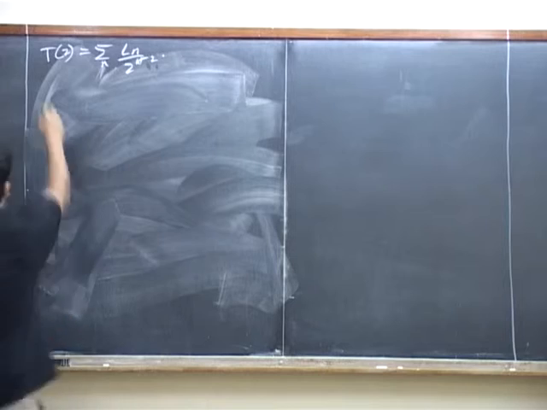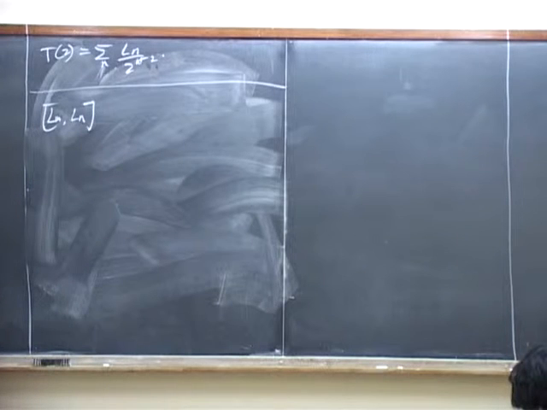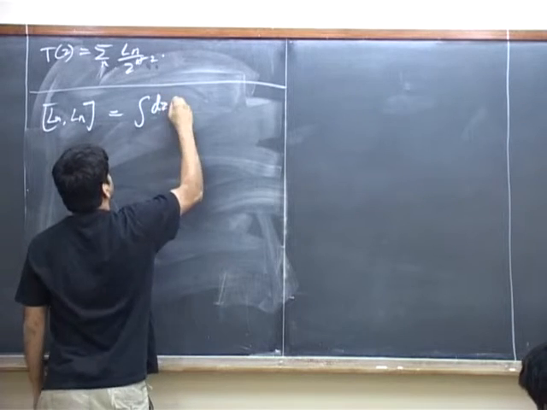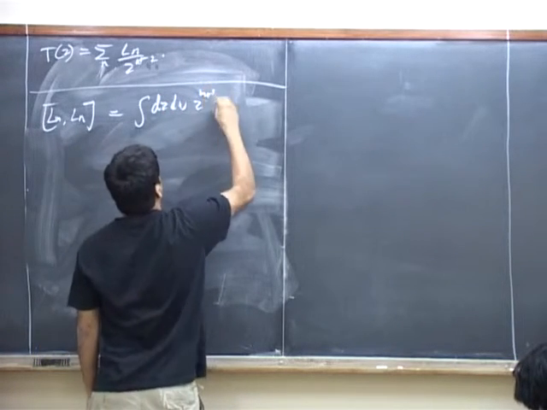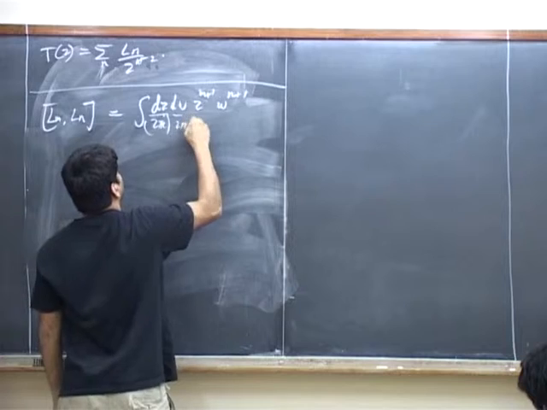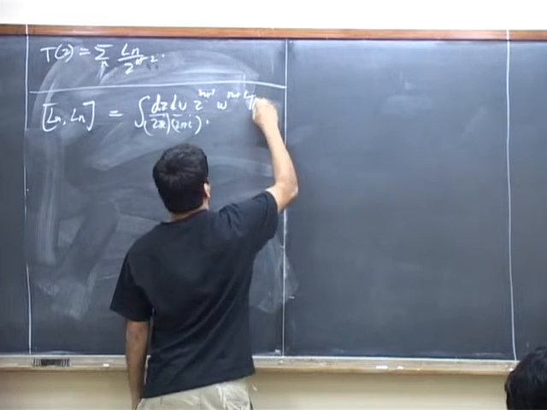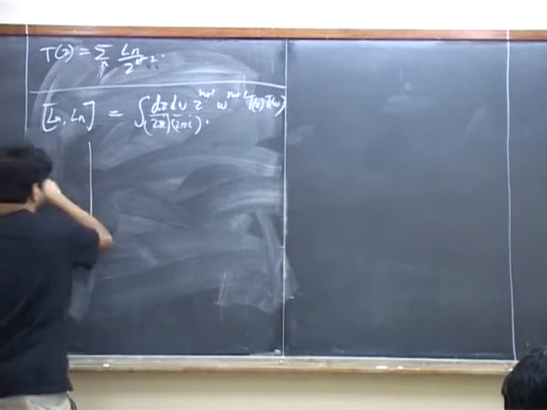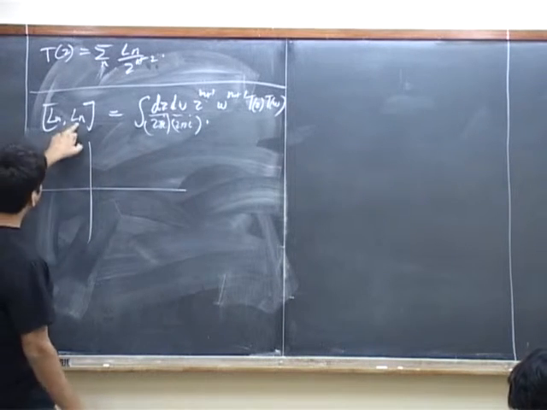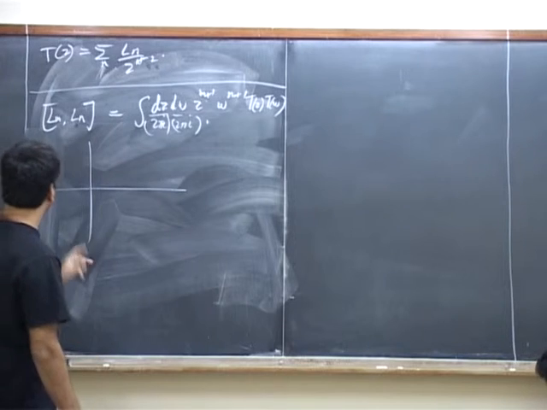Then we set up the calculation for the commutator of Lm and Ln. We said that this thing was equal to the integral dz dw over 2 pi i of z to the power n plus 1, w to the power m plus 1, T of z T of w, where the first term had m acting before, and therefore at earlier times than n.